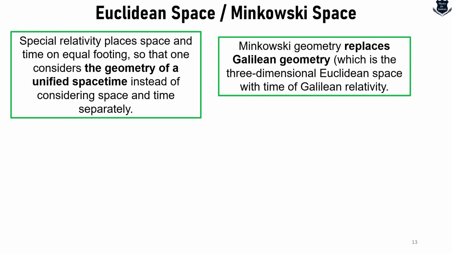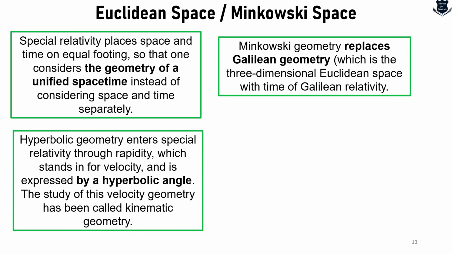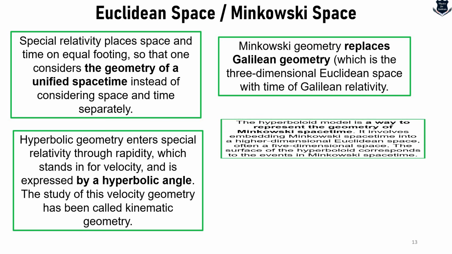Point number 2, Minkowski space replaces what is called the Galilean or Euclidean geometry, because it is a four-dimensional space. Third point, hyperbolic geometry enters special relativity through rapidity. That stands in for velocity, and we will see later that it includes what is called a hyperbolic angle. And the study of velocity geometry becomes very important in kinematic geometry.